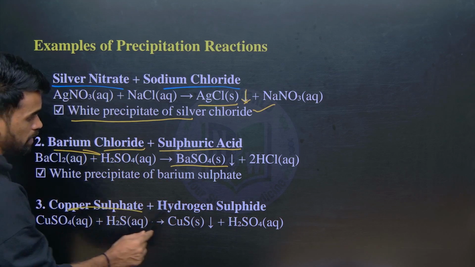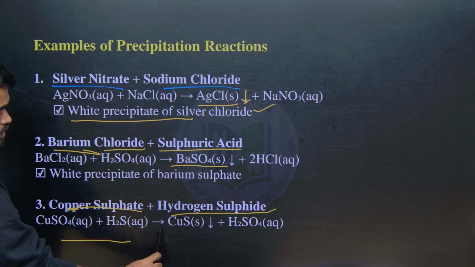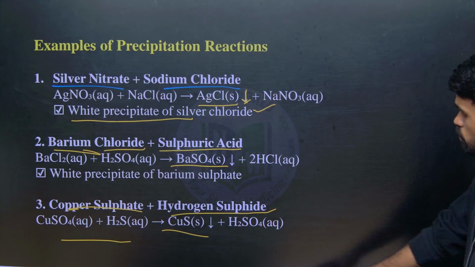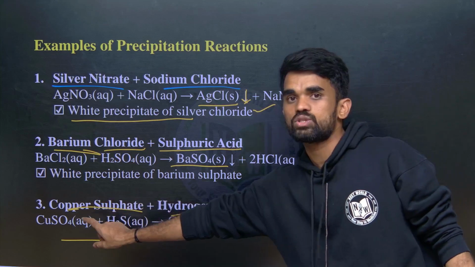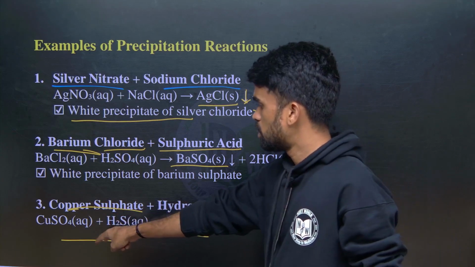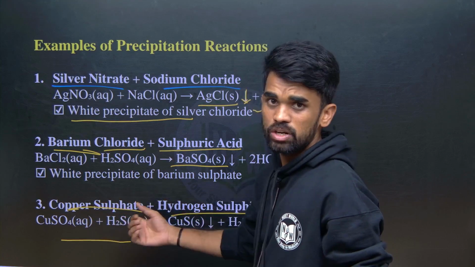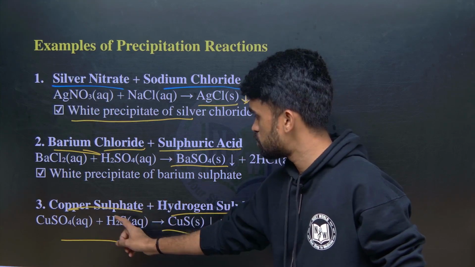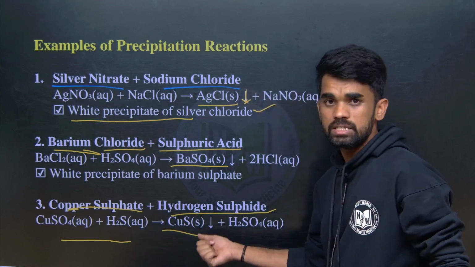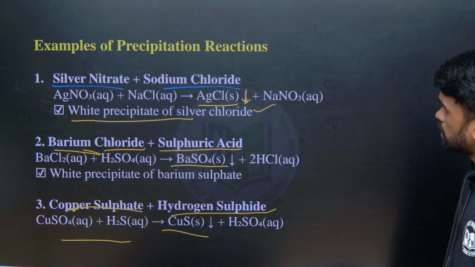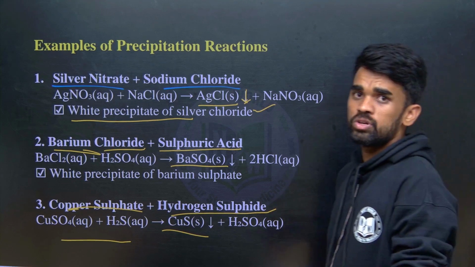Similarly copper sulfate and hydrogen sulfide, here also we are getting copper sulfide, which is a precipitate. So one precipitate is formed from the aqueous solutions. Reactants are in liquid form or other states, but not in solid form. These aqueous substances combine to form a solid substance, that is the precipitate copper sulfide.